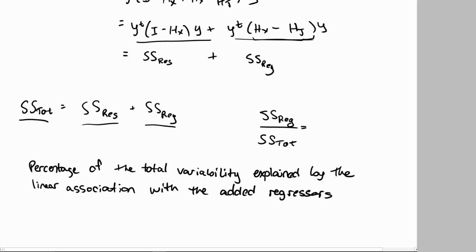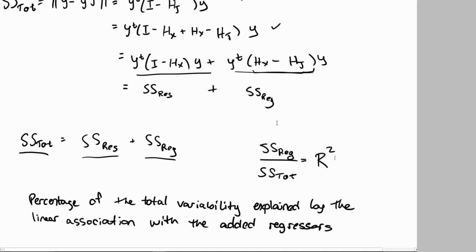I guess if I want this to be a percentage, I'll multiply it times 100. So that quantity, usually not expressed as a percentage but as a proportion, is called R squared. So R squared is interpreted as the percentage of your total variability explained by the linear association with your added regressors.